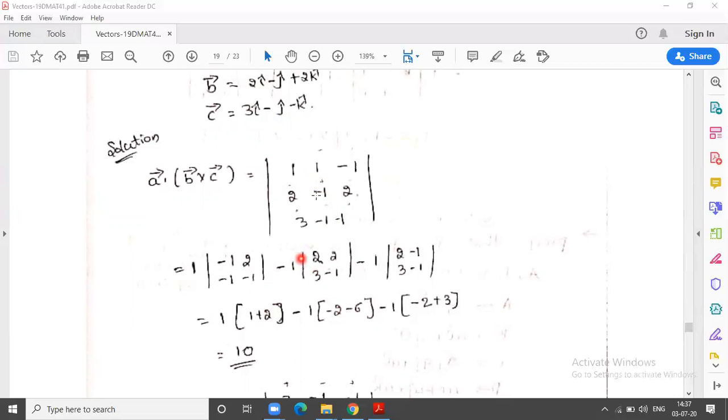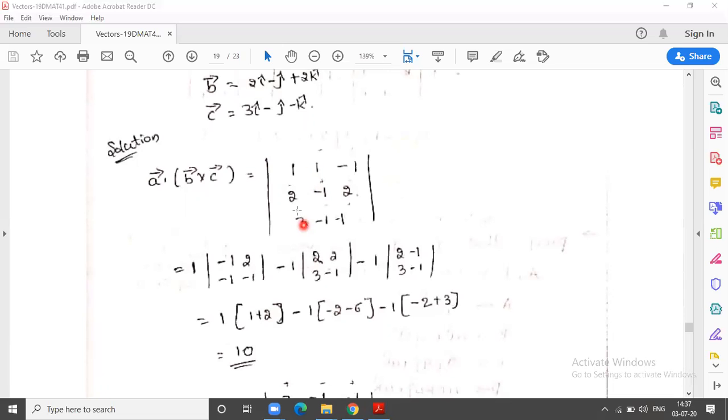This is so simple compared to the cross product, because in the cross product ijk will be there. Here there are no ijks, only scalar values. So just evaluate this determinant to find the scalar triple product. To evaluate, for 1, leave its row and column and take the remaining determinant of minus 1, 2, minus 1, minus 1.